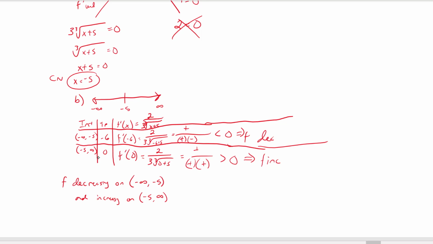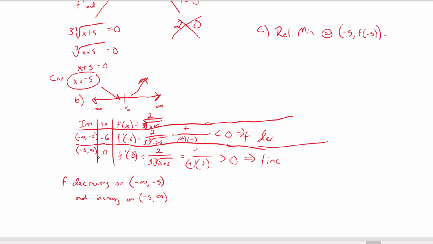And so then, where do we find our extremum? For part C, we know because it's going from decreasing to increasing. And again, if you're struggling seeing that, draw your arrows in. It's going from decreasing to increasing, so it has a relative minimum at -5, f of -5.